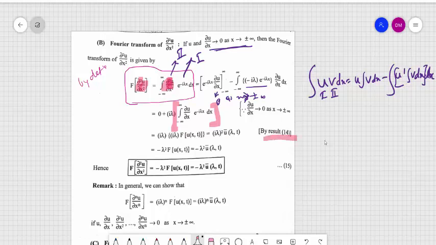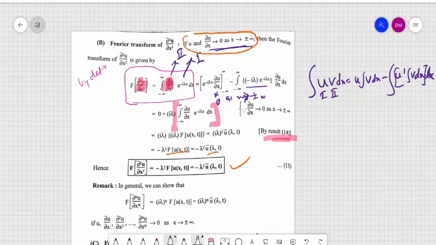This is important. Just use the previous part. So iλ into iλ, that is (iλ) squared, and i squared is minus 1, that's why we get this. What is this? This is nothing but ū, the Fourier transform of u with respect to x, that is ū(λ, t).